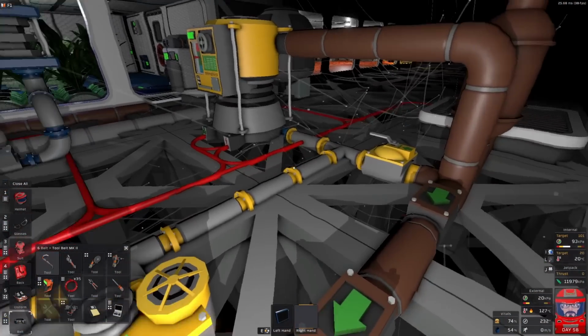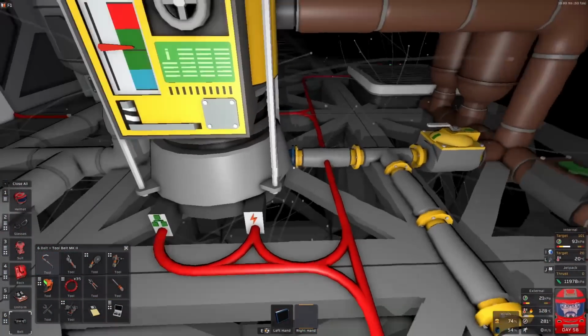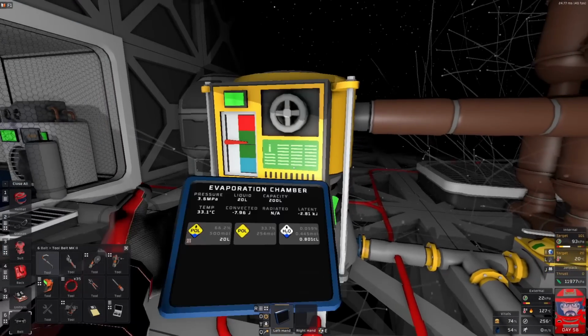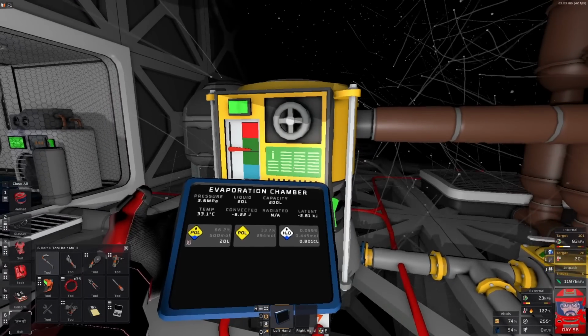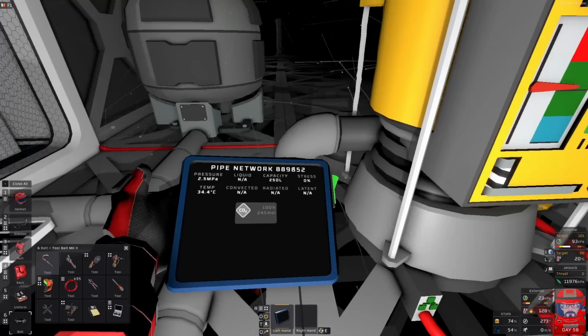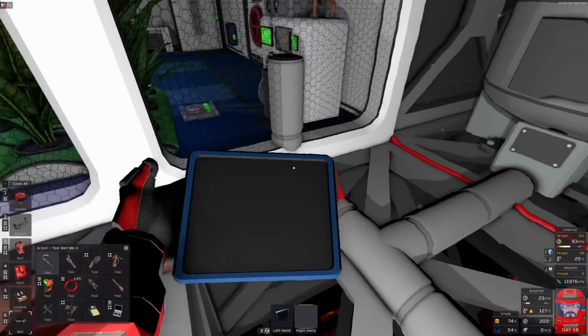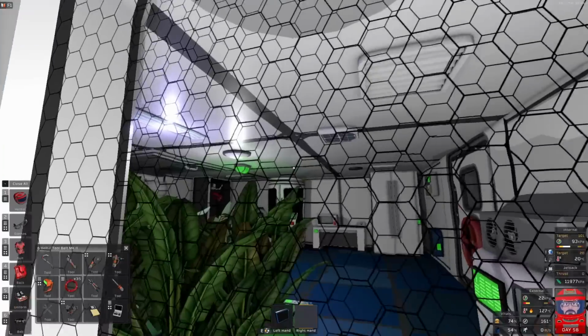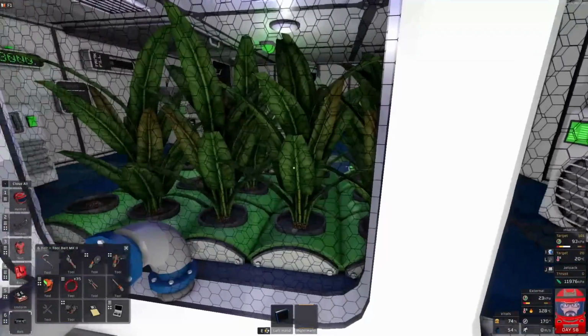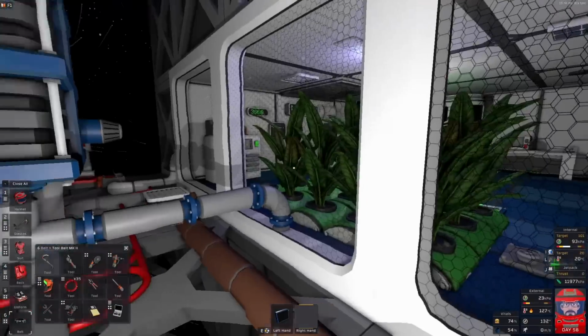Right, so I have the coolant coming in there, and it is then running into the secondary cooler, which is the evaporation device, and it is cooling my CO2 down to 34.4 degrees Celsius. Now that is being vented directly inside into my greenhouse for my plants to eat, they transfer it into oxygen.